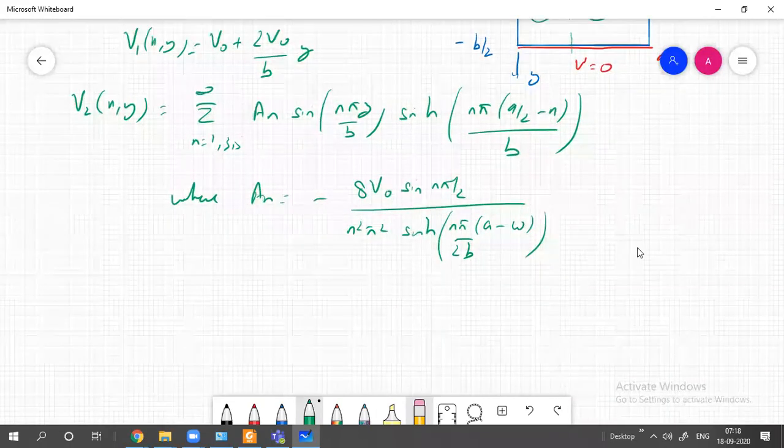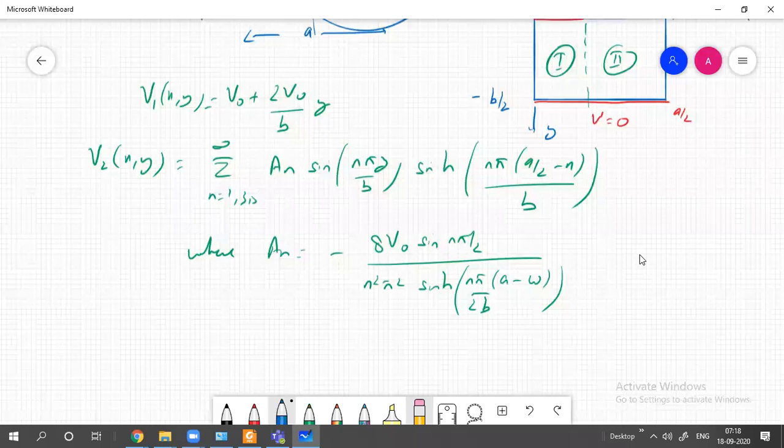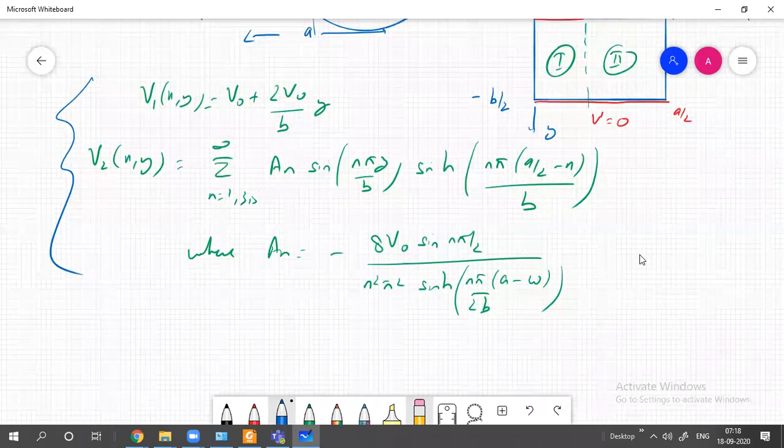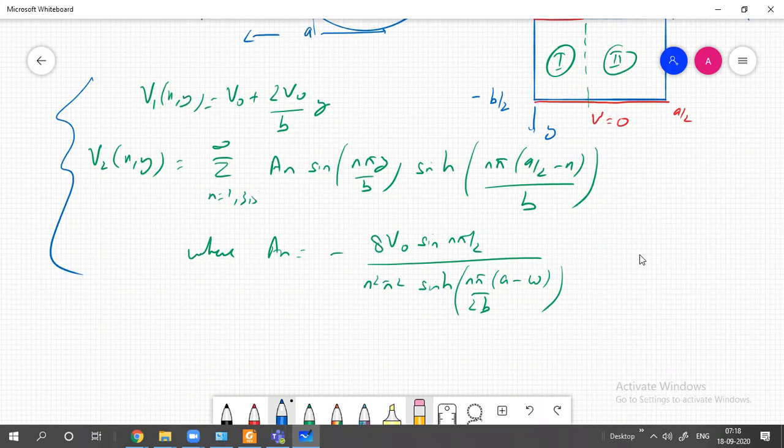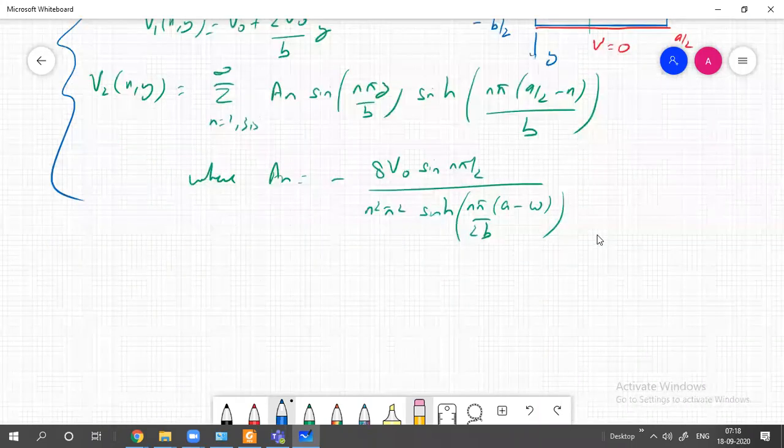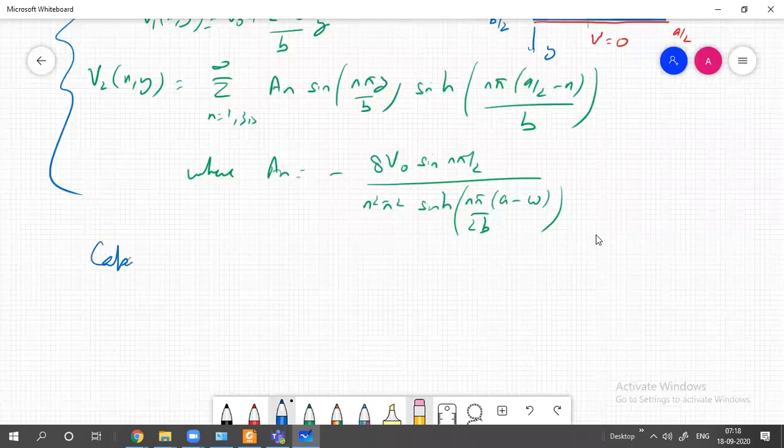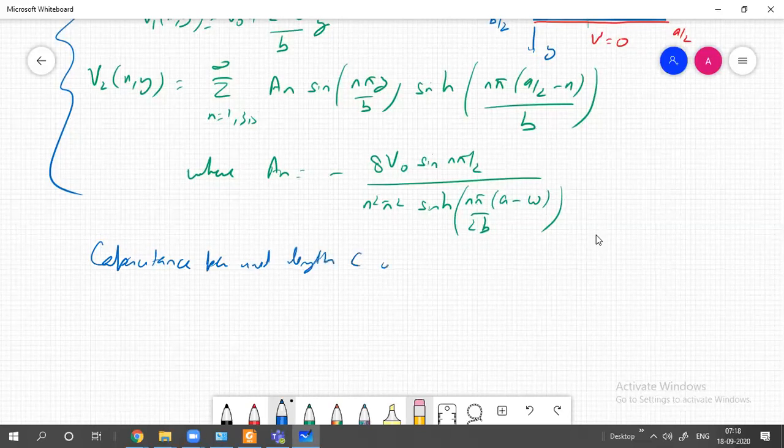After knowing the voltage in regions 1 and 2, we asked to find the capacitance per unit length C of the strip line. We link it with the energy stored per unit length.